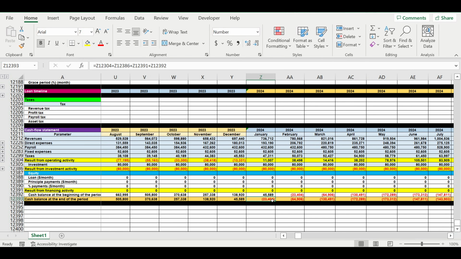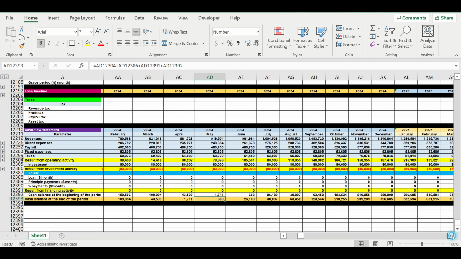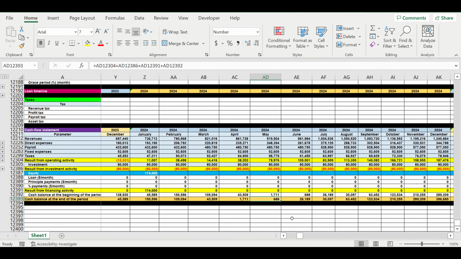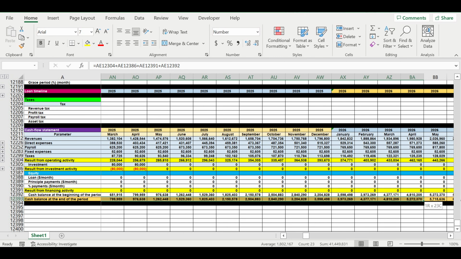So here we have a small cash gap, like the maximum value is $173,000. So if we type here 174000, we will avoid cash gap. And since this moment, our business idea starts generating its own cash, and we start getting our financing back.